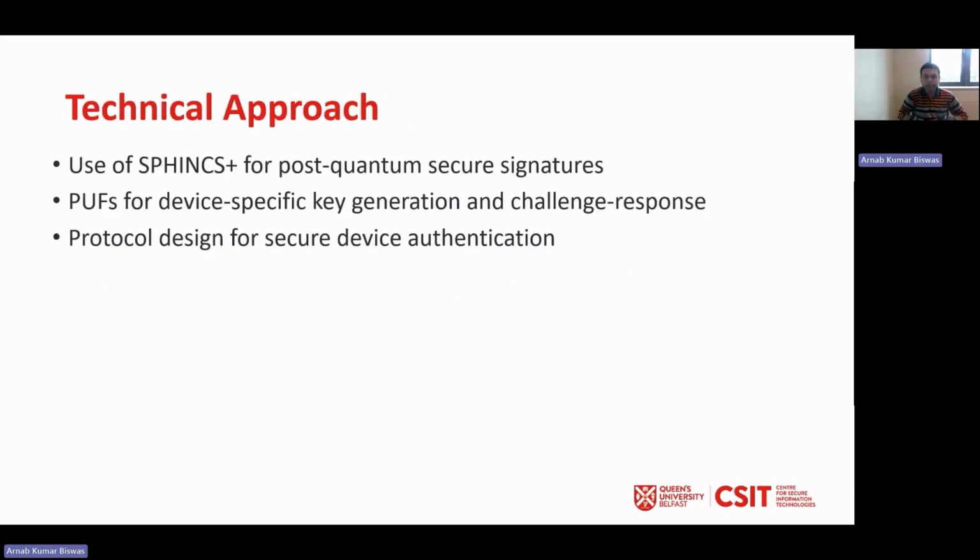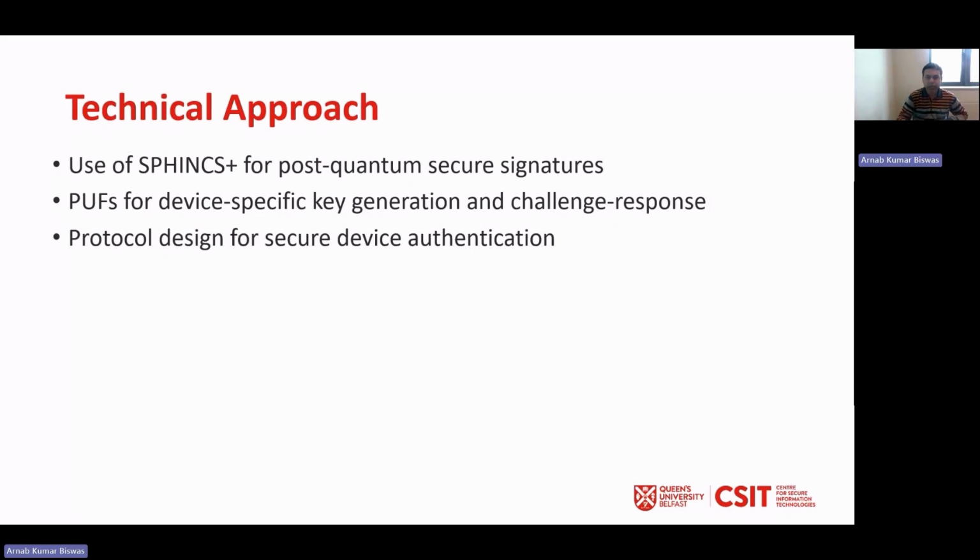So the technical approach that we have taken for the protocol design: we use SPHINCS+ for the post-quantum signatures, and PUF, the physical unclonable function, for device-specific key generation and challenge response pairs, and the protocol design for secure device authentication. So a combination of both of them.